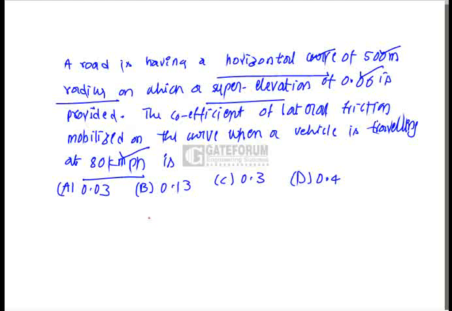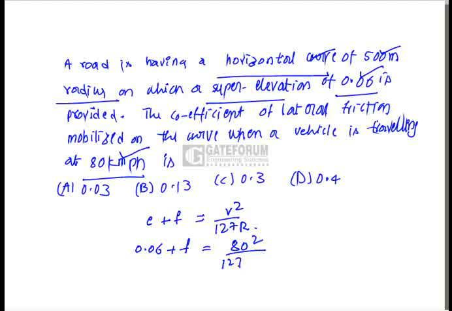We know the relationship between superelevation, coefficient of lateral friction and velocity: e plus f is equal to V squared by 127 R. e is given as 0.06, f has to be found out, and V is 80 kmph, 127 into 500, that is equal to 0.1. So f is equal to 0.04.